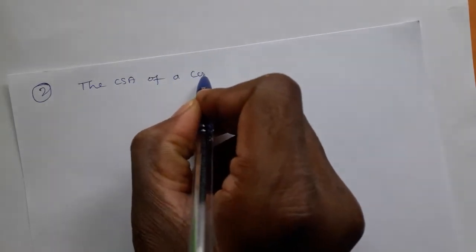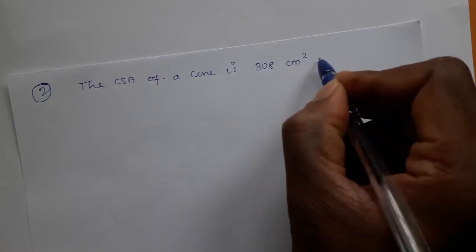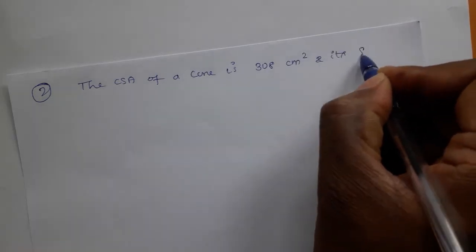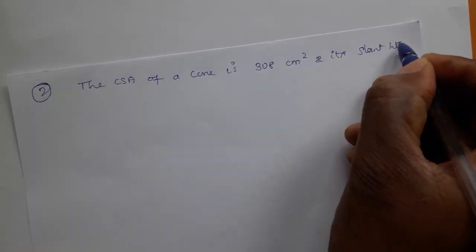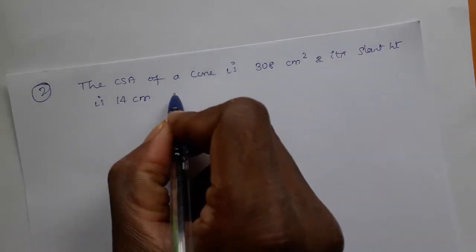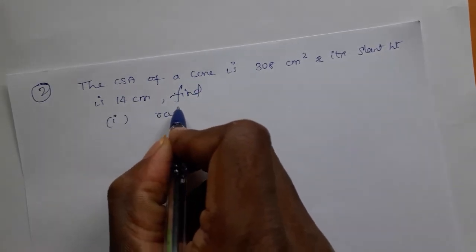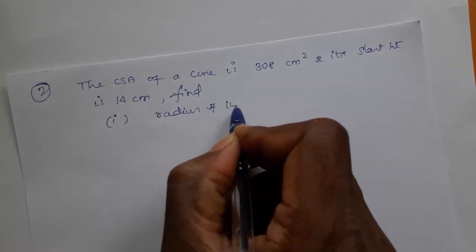The curved surface area of a cone is 308 centimeter square and its slant height is 14 centimeter. Find, first sub question, the radius of the base.